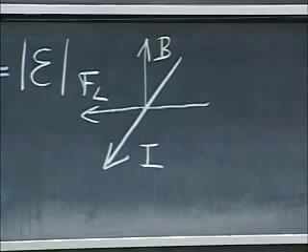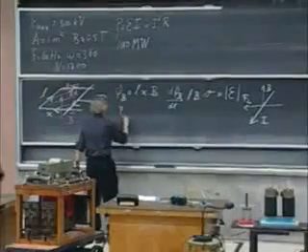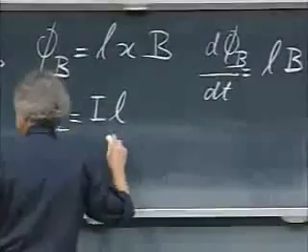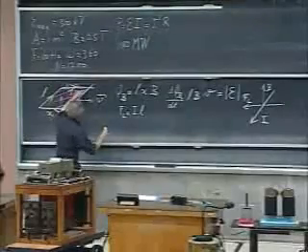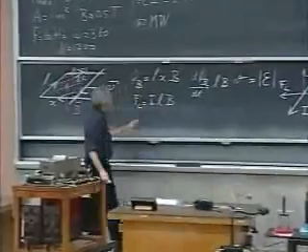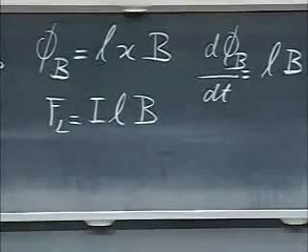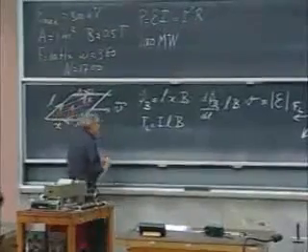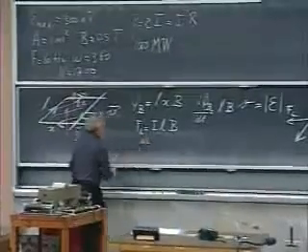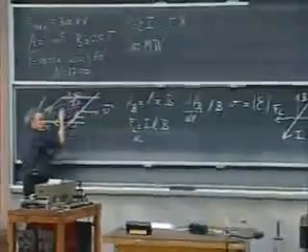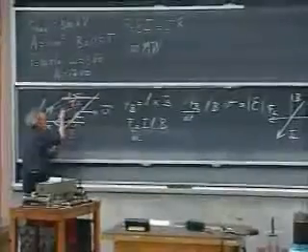That means the Lorentz force, FL, which in this case would be the current times the length of this bar, times B, that is the force that I have to apply if I pull it to the right, because that force is to the left. So the force of Walter Lewin is the same, but in this direction. I have to overcome the Lorentz force in this direction.